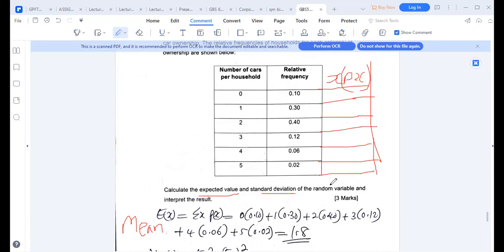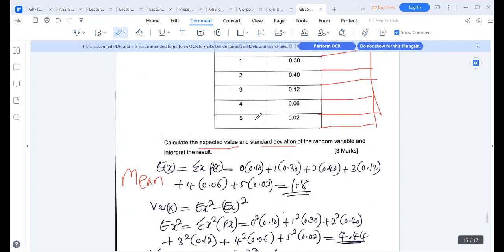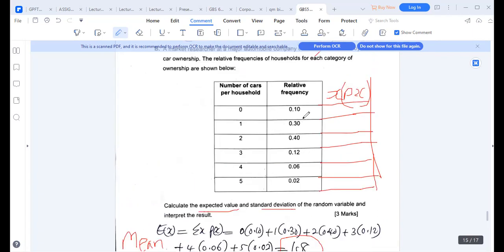Then getting down to the other one, the variance of x. So you go find this first of all. This one is 1.8. Then find x square at a time multiplied by the respective probability.